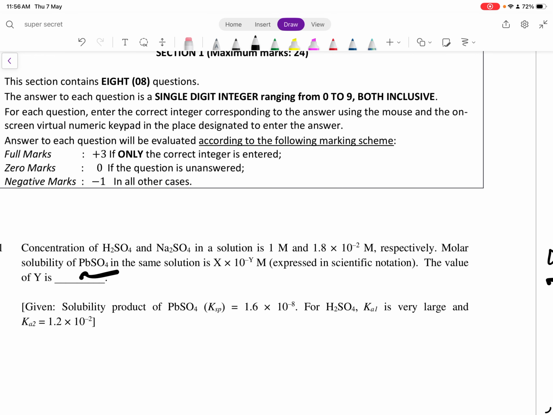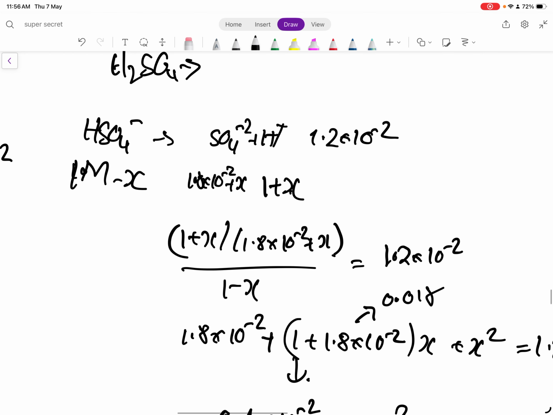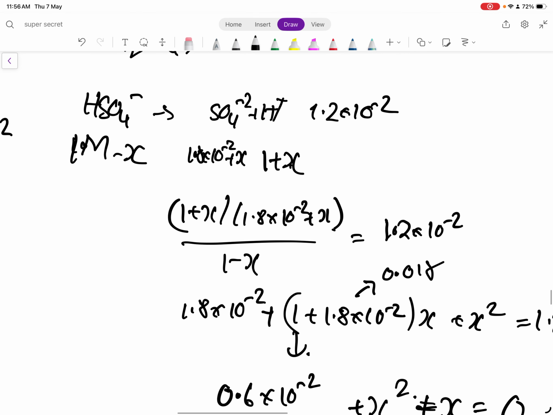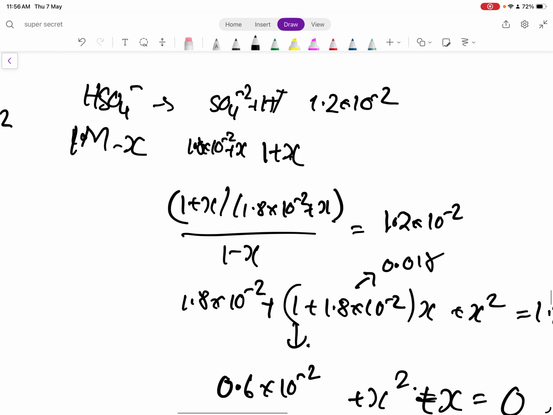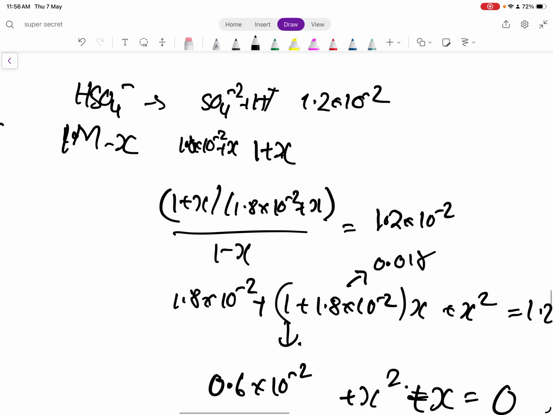We just have to find the concentration of SO4 minus 2, right? So what if I just assume that we have a very small amount of X? Oh, but then X will be negative.